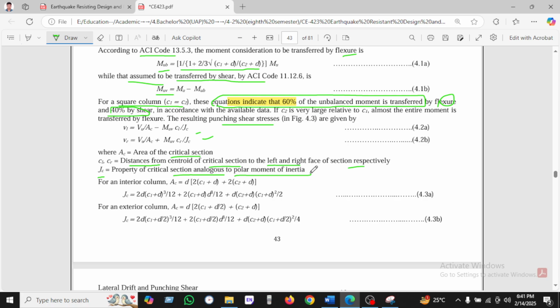So this is important for the interior column. Here we use this formula, but the polar moment of inertia will be this formula.